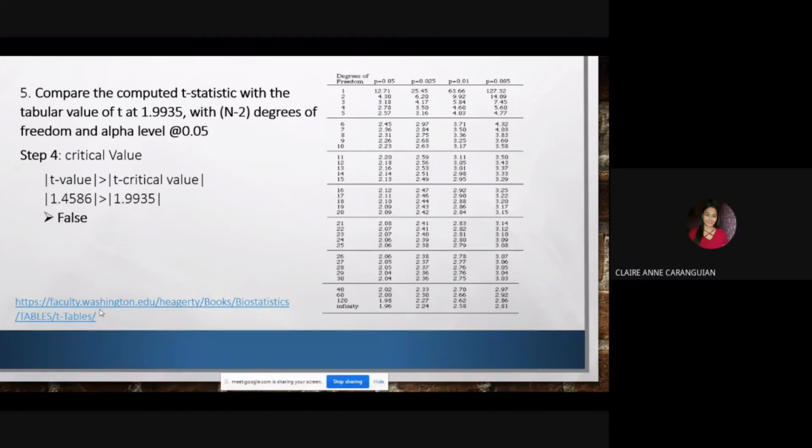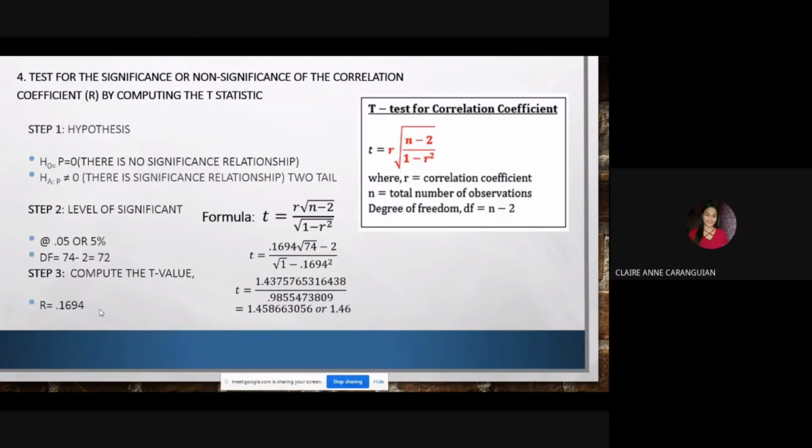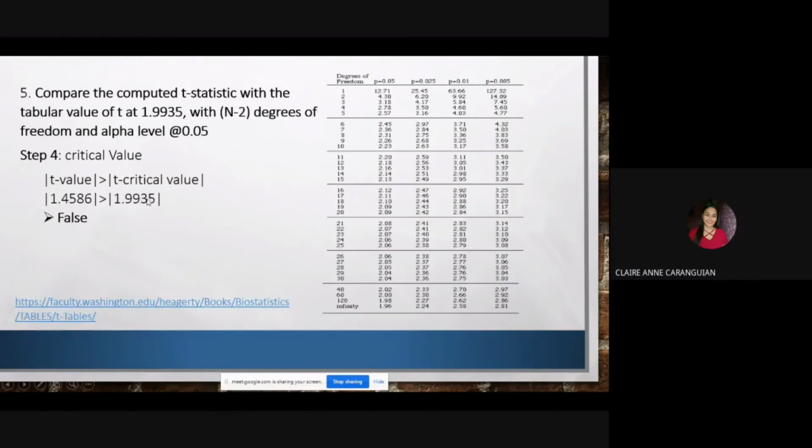So, compare the computed t-statistic. Ang computed t-statistic natin is 1.458663058 or 1.4586. So, 4 decimal ulit para medyo accurate yung makuha nating sagot. Then, compare ito yung t-statistic natin with tabular value of t.